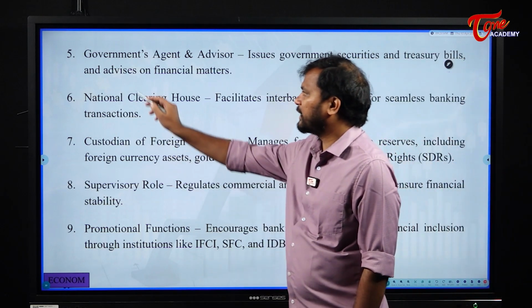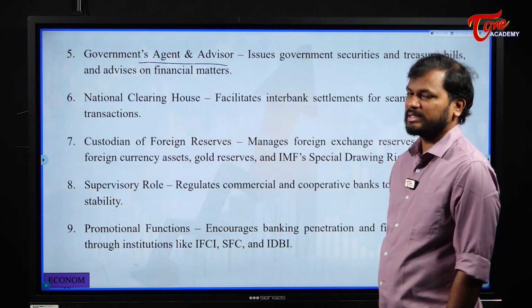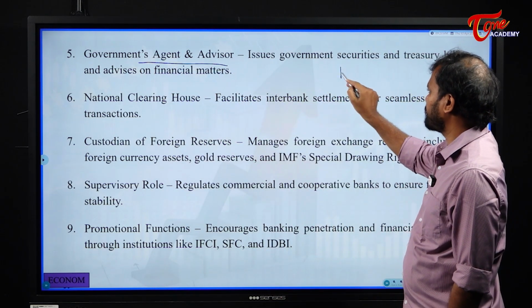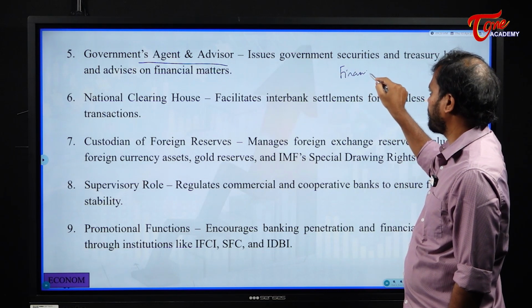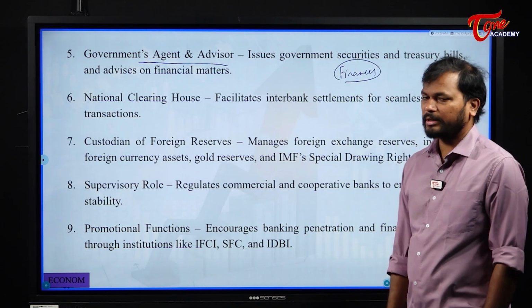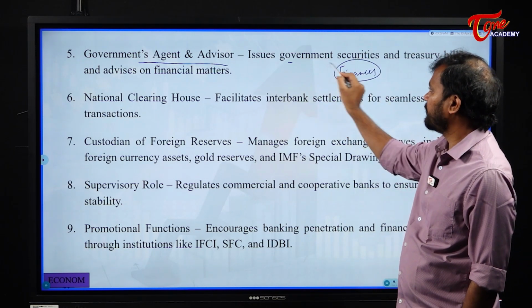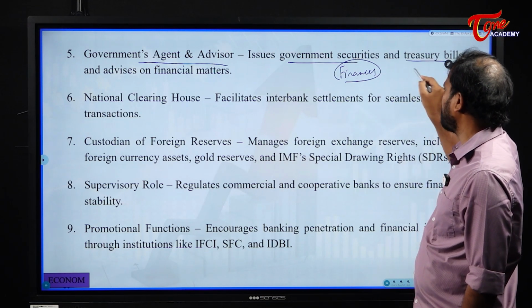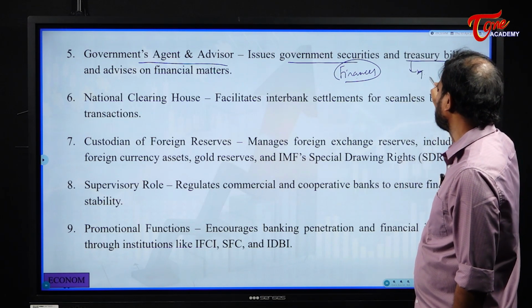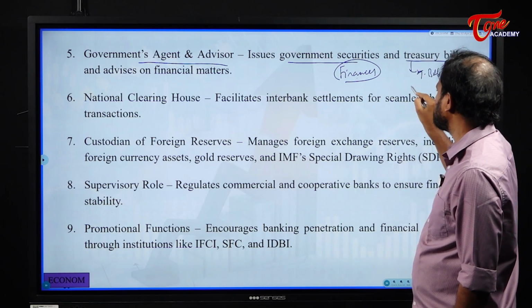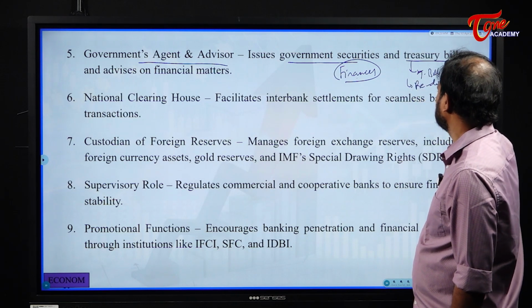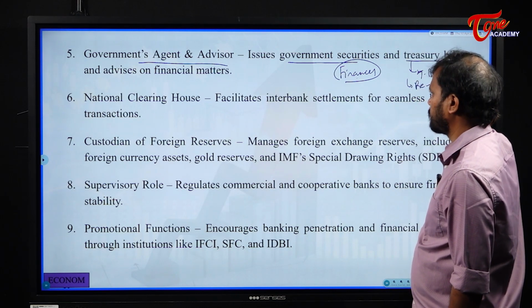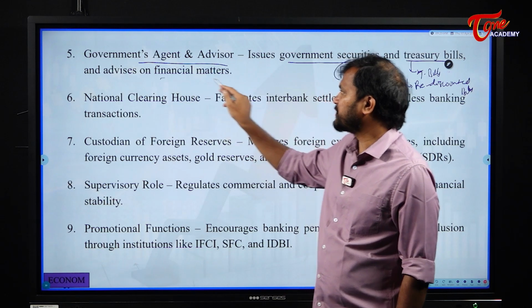And also the government's agent and advisor with respect to the finances. The issuance of the government securities or the treasury bills, which are considered as the T-bills or the rediscounted bills, and advises on the financial matters.